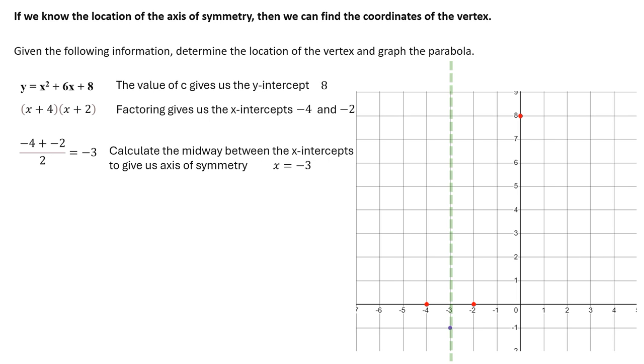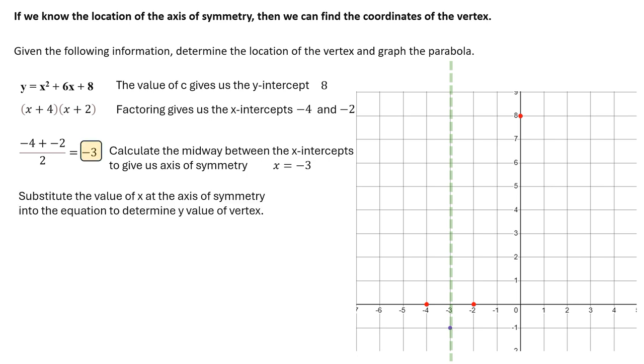Once we have our axis of symmetry, we can take that x value of negative 3 and substitute it back into the equation to figure out what the y value of the vertex is. So we'll take that negative 3, plug it back into the equation, and we end up with a value of negative 1.